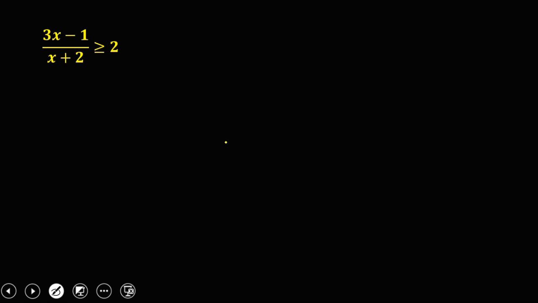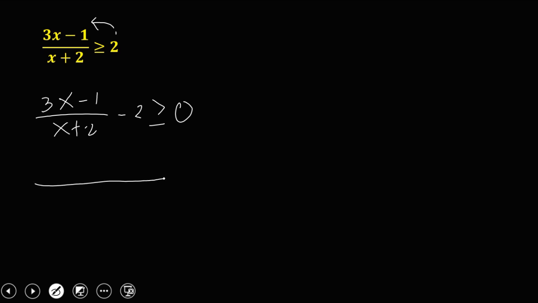Then for this given, we need to rewrite this one first in general form. So transpose negative 2 to the left side. So our new inequality now, we have x plus 2, and this becomes negative 2, then greater than or equal to 0. Then simplify this first. So LCD is x plus 2. Bring down the first numerator, minus 1, then minus 2 times this denominator, x plus 2, that's greater than or equal to 0.